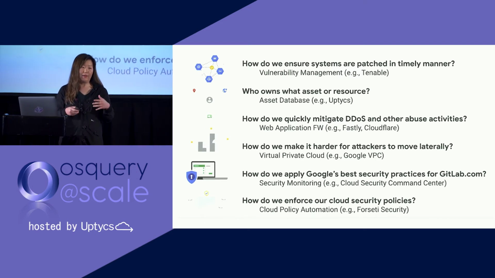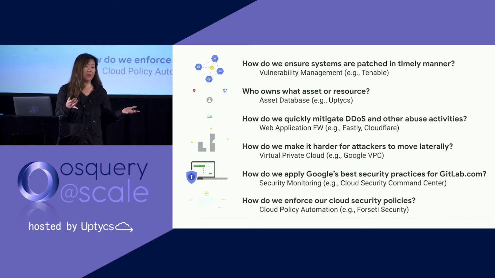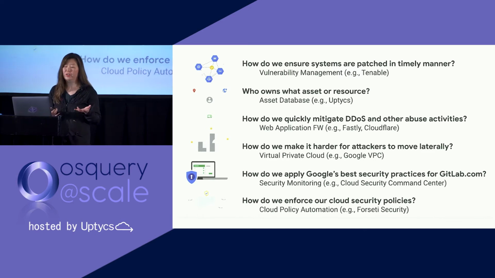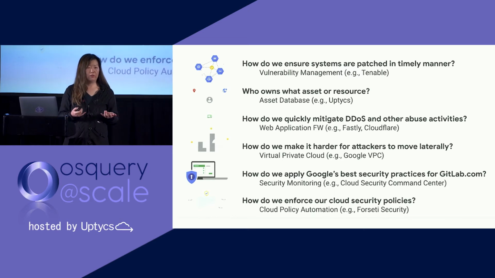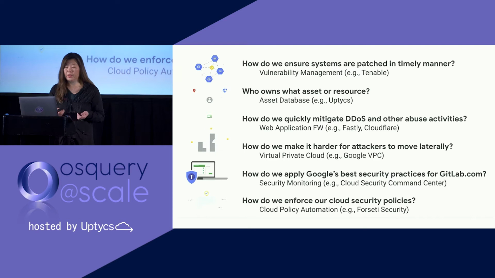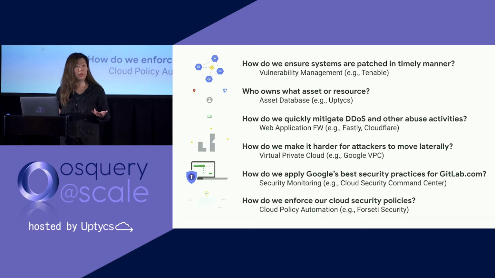We need to have an asset database and understand what we have in terms of the endpoints in the infrastructure. We also need to know what type of endpoints we have on the user side. And all of that can be augmented with osquery as well, right, as you all know. So that's really the point at which we thought, we should take a look at osquery and see how we can deploy that at GitLab.